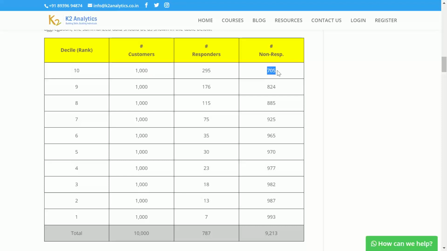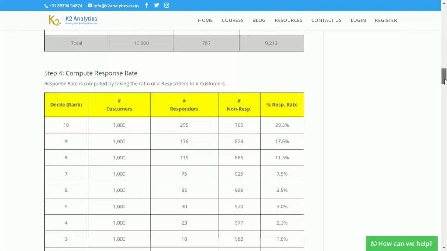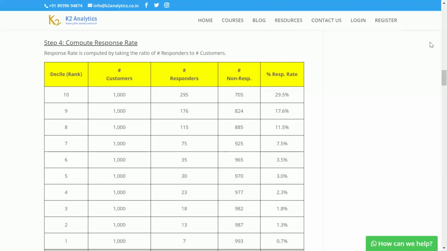That is the number of non-responders in bucket 10. 1000 minus 176 equal to 824 is the number of non-responders in decile 9. Now we will see the steps of how to calculate the rank order table and response rate.